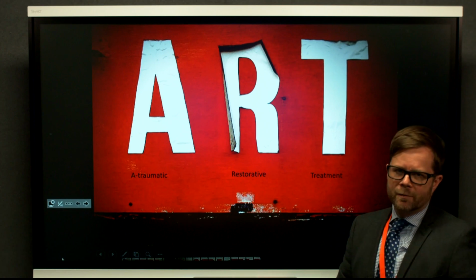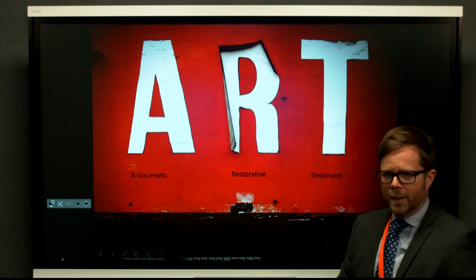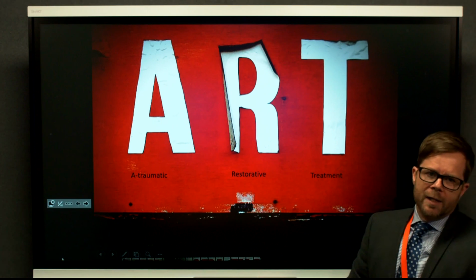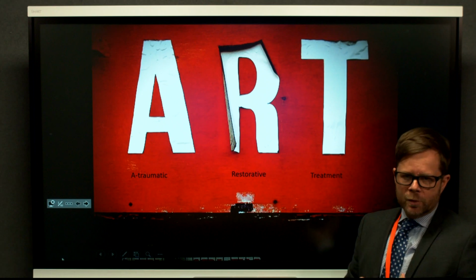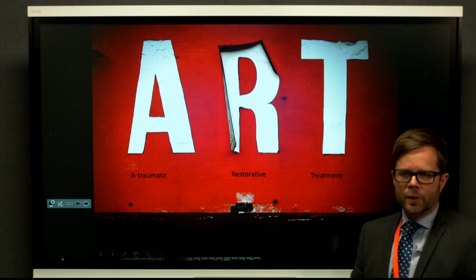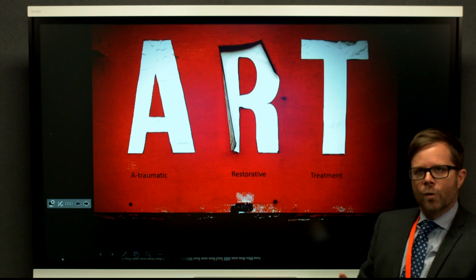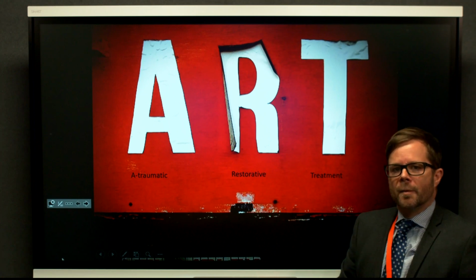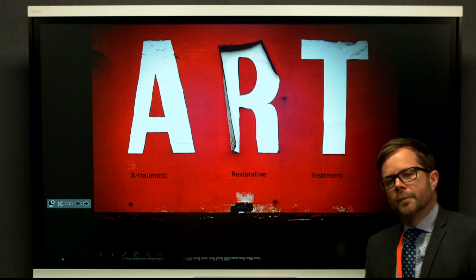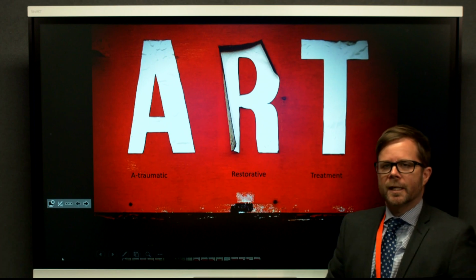Atraumatic restorative technique was developed in Africa in the early 1980s because dental schools or dental services had no access to electricity and therefore rotating instruments, instruments for mixing materials, instruments for cutting teeth.